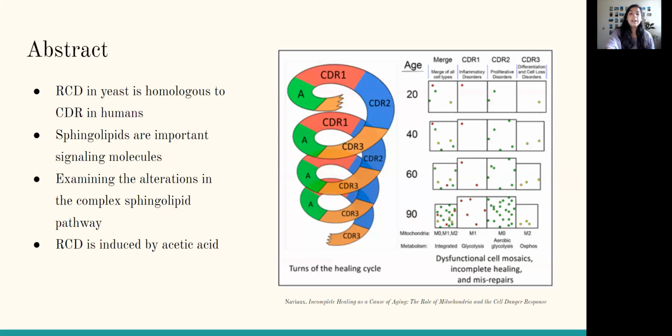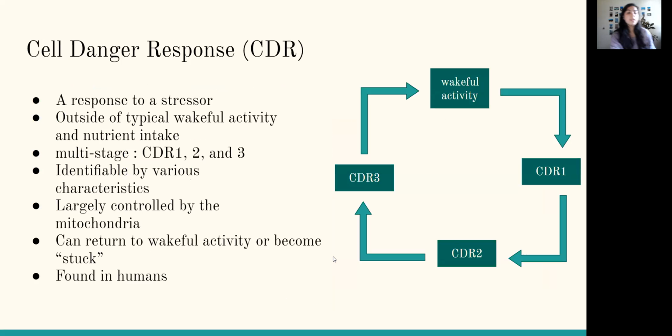If you go back here to the abstract page, you can see in this diagram the cyclical fashion of cell danger response and how it just keeps kind of turning. And as you go from wakeful activity to CDR 1, 2, and 3 and go back, you just kind of devolve down this little turn. And so the main goal of cell danger response is to recoup that cell, get it back to wakeful activity, and let it go on its way.